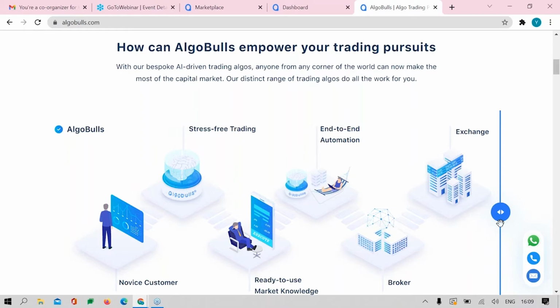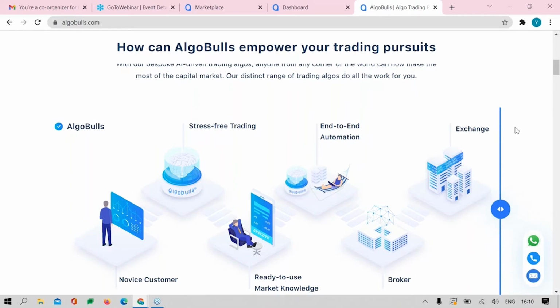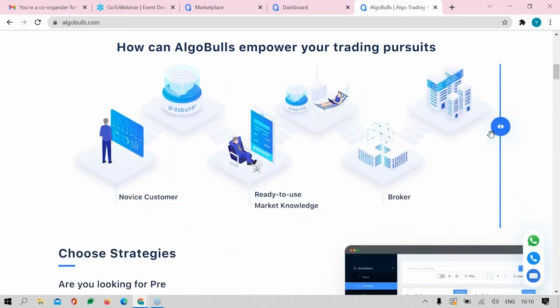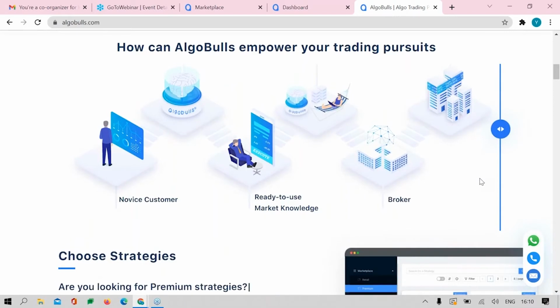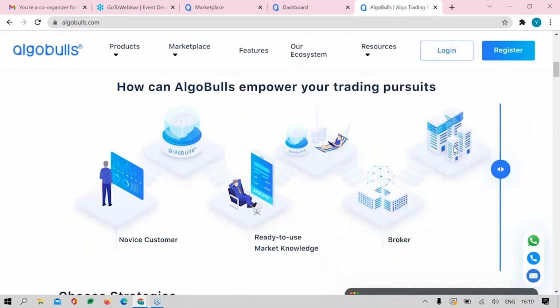We are also connected to three major exchanges, BSE, NSE, and MCX, where your trading is end-to-end automated. This is the kind of change we are bringing to this market by automating the AI-based experience.